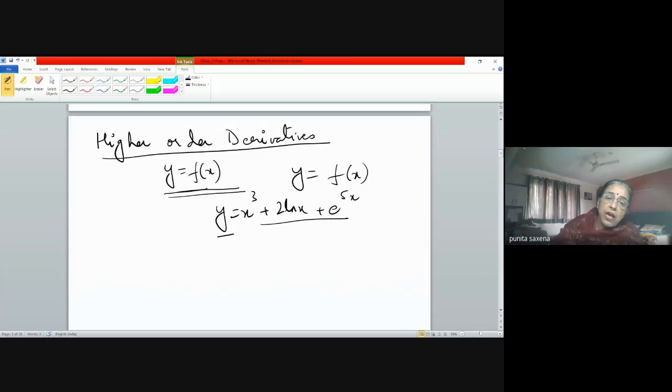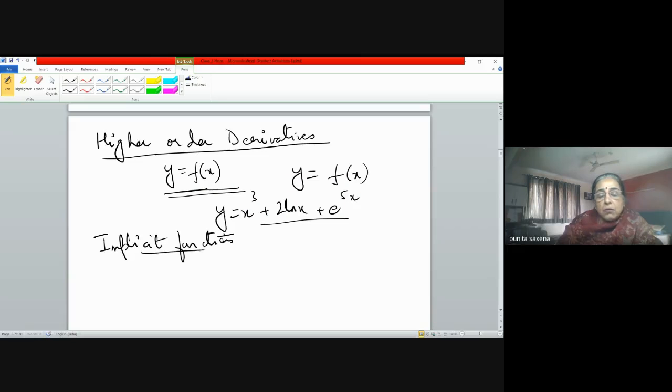But sometimes what happens is that the terms in your equation are such that you cannot separate out terms containing y and terms containing x. Okay, so that in a way, we say that we cannot explicitly express y as a function of x. Such functions are called implicit functions.